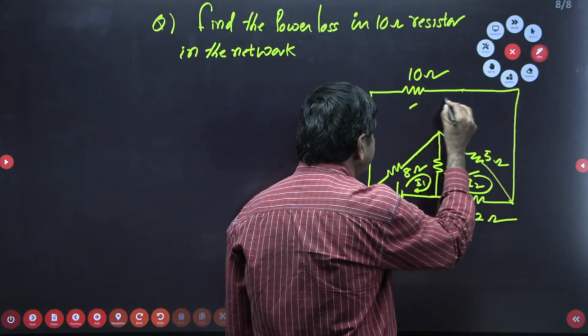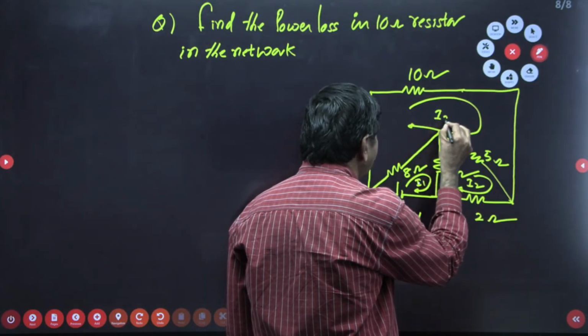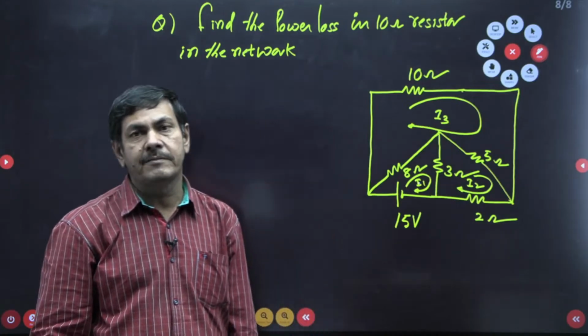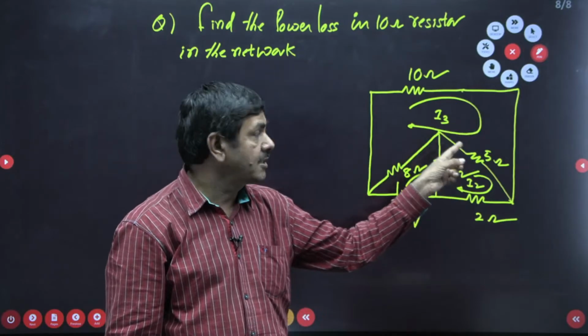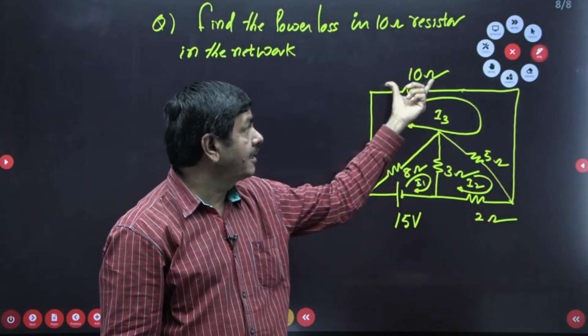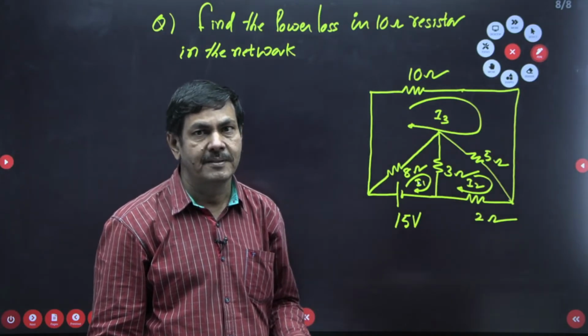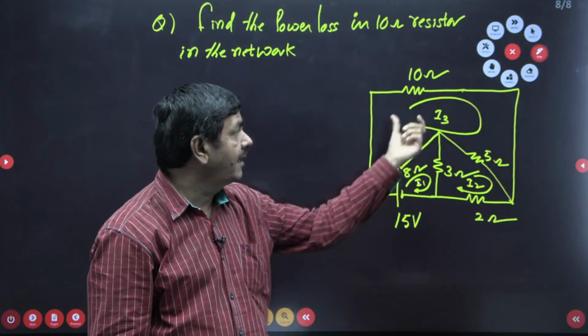I can take the current in this direction as I3. Which current is required from the given network? We are in need of I3. Once we know I3, the power loss across 10 ohms we can determine very easily. So by using mesh analysis, you try to find I3.